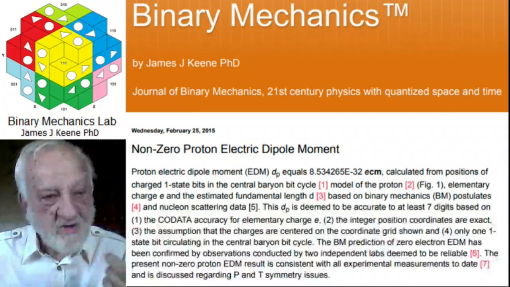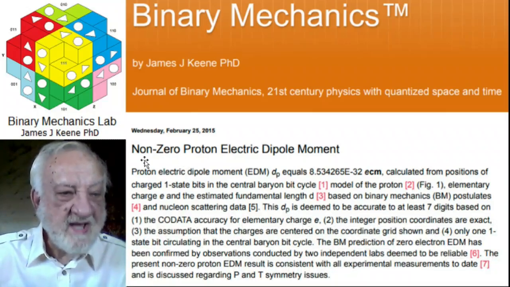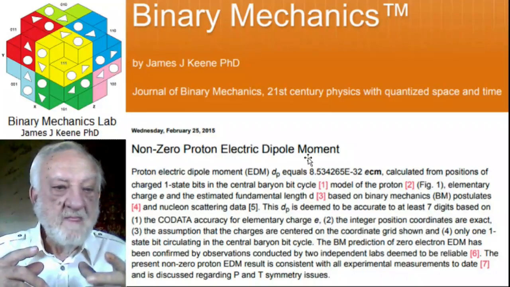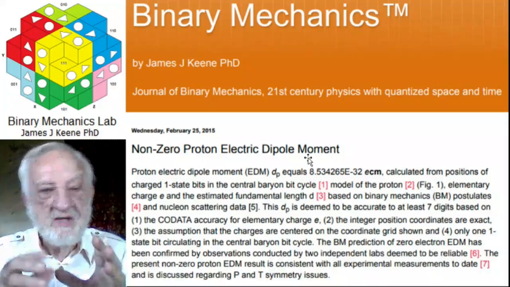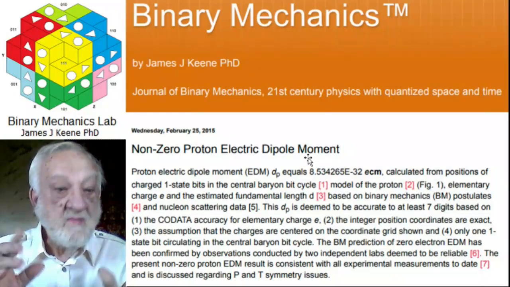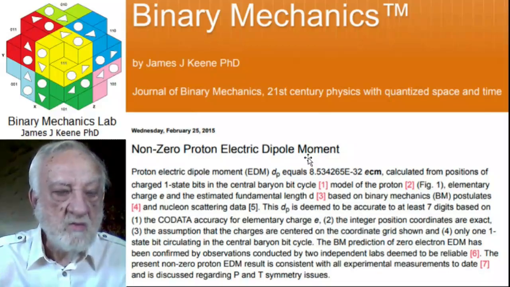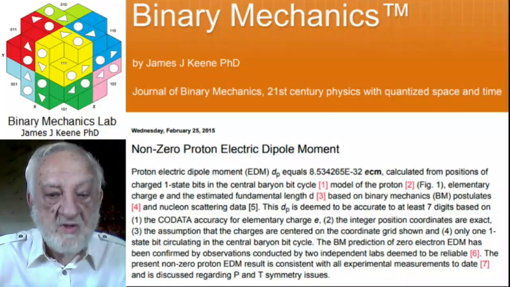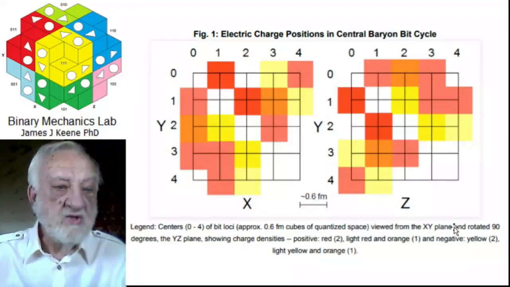Unlike the electron, the proton has a non-zero electric dipole moment. It's sort of like a water molecule where one side of the water molecule is more positively charged than the other side. That's what we mean by an electric dipole moment. This finding also agrees with experimental results from major labs.